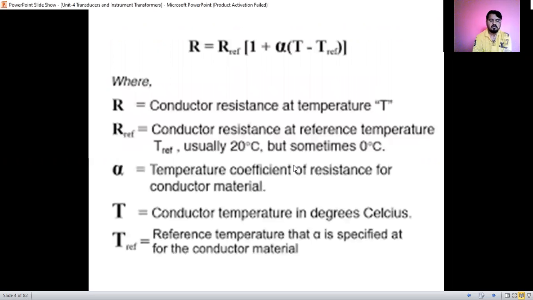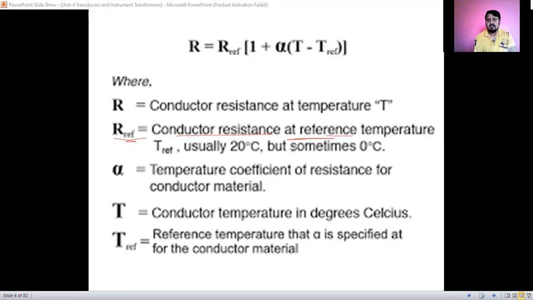Next we will go for the one formula we have used; directly we are going to consider this formula here. I will write how we got this formula. For the initial condition we are going to consider R reference, that is the conductor reference resistance. For one conductor we considered, its initial value at reference we are going to call that one.